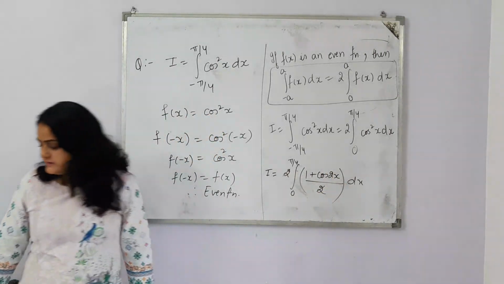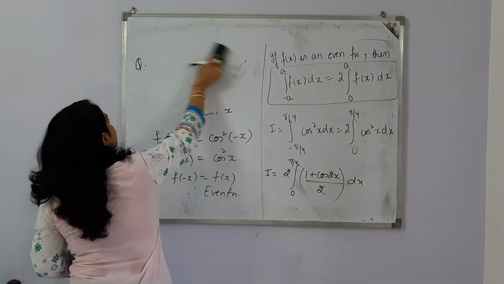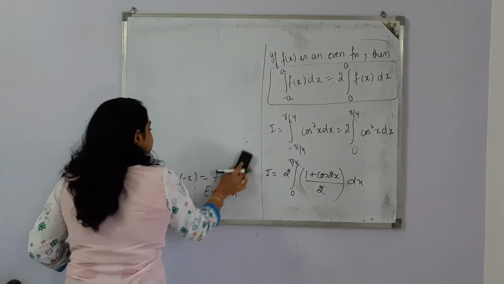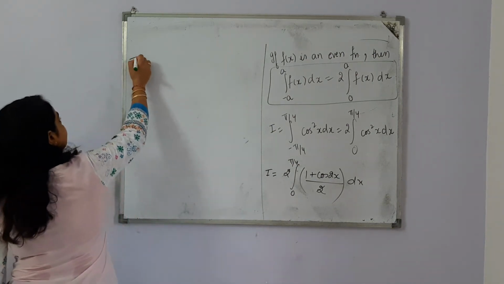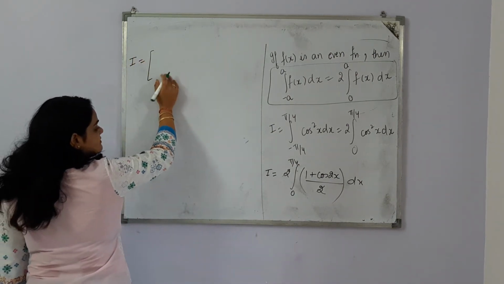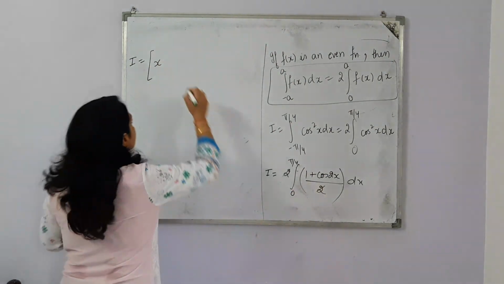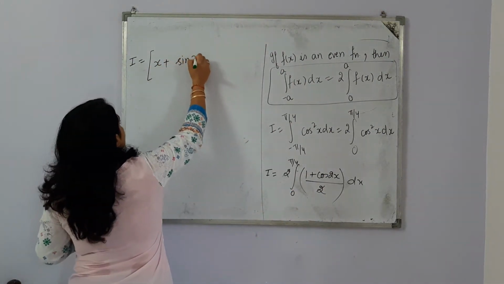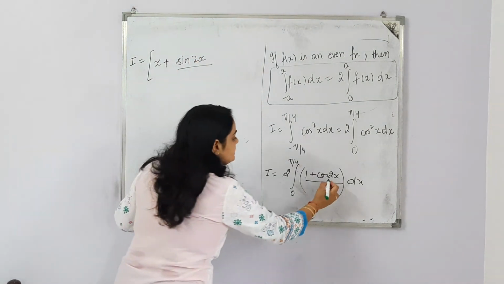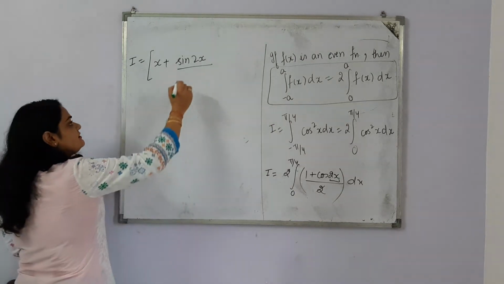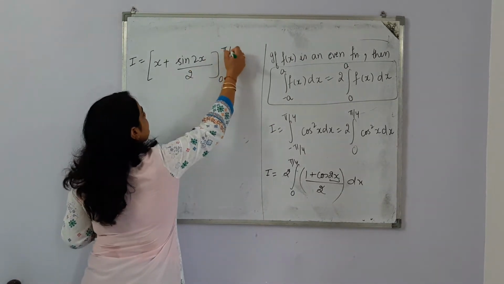Now we need to find its integration. One's integration is x, and the integration of cos 2x is sine 2x upon the derivative of 2x, which is 2, and the limits are 0 to pi by 4.